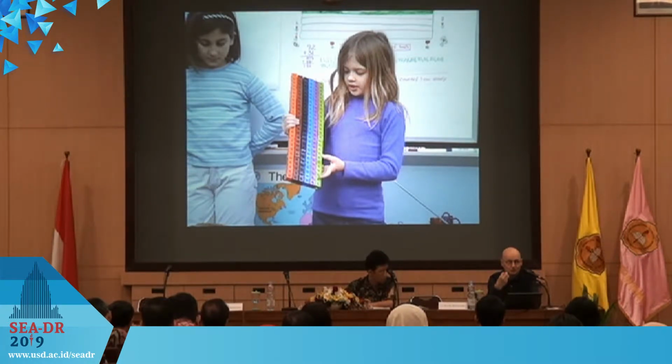And this girl, who had to build the model to explain for herself how it worked, was instrumental. She was important for all the children to understand why it worked. And those children who had been working at a higher level of mathematics needed this concrete model to understand.